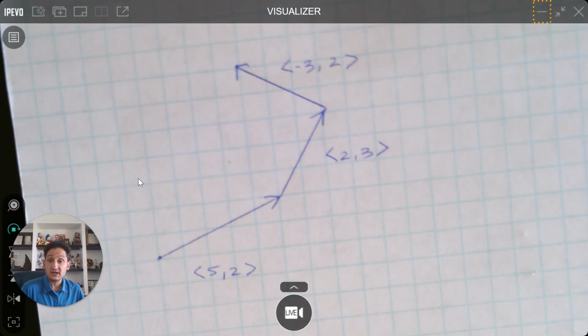Here's what a resultant is going to have you do. Here's what you're ever going to do if you have a bunch of forces that are represented with vectors. What you're always going to end up being asked is, all right, you started here. You ended there. What's the net result?